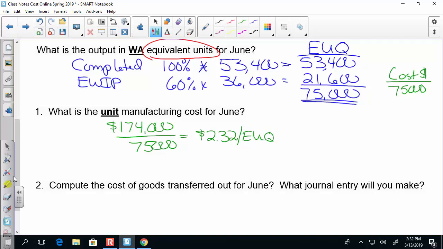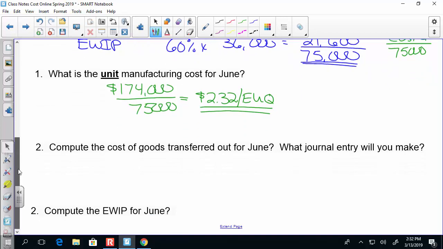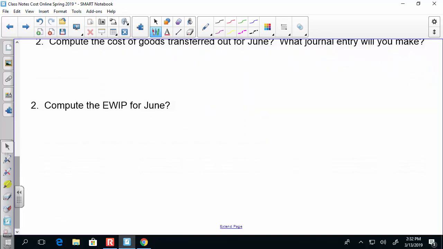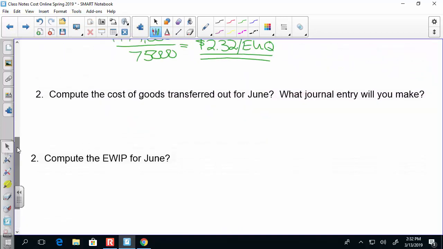I'm just going to put the designation down. So one of the questions that we'll always have is, now that we know that the cost per equivalent unit is $2.32, what is the cost then transferred out to the next department for finished goods?